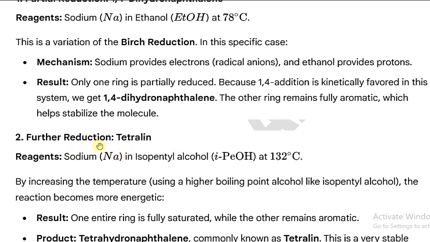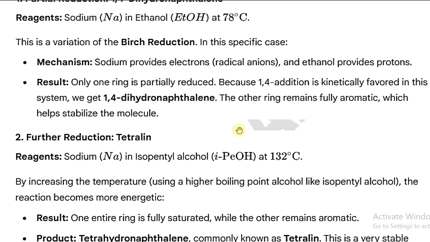Further reduction to tetraline also uses sodium and isopentyl alcohol. This is the isopentyl alcohol. Look here, the temperature is higher than in the first reaction. By increasing the temperature, we use a higher boiling point alcohol like isopentyl alcohol.